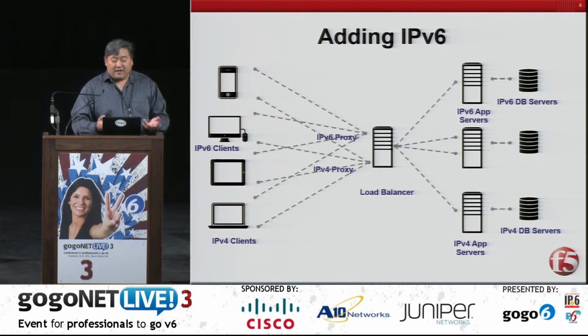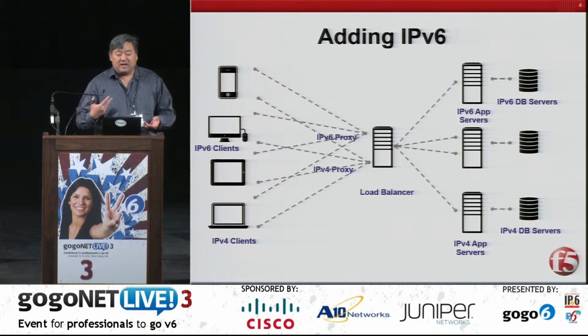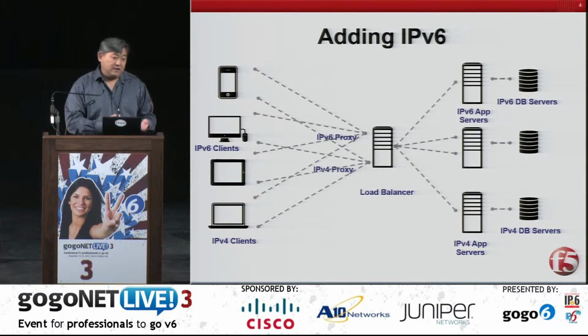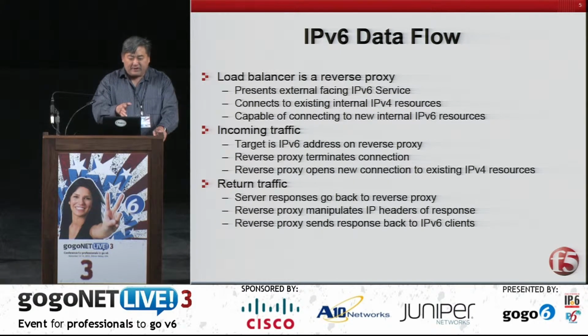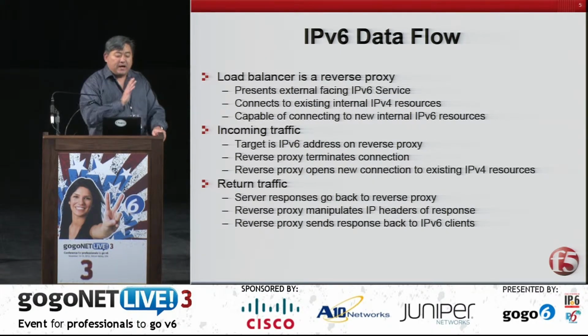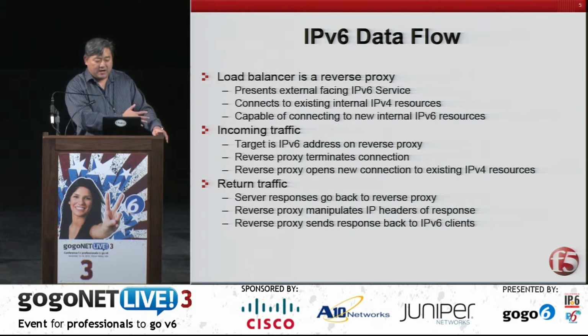And then at that point, your inside is all IPv6. Your outside, you have IPv6 and IPv4, and eventually you could possibly turn off the IPv4, and then you're all IPv6. But in this particular case, you could see that you're presenting an IPv6 interface to the outside world.